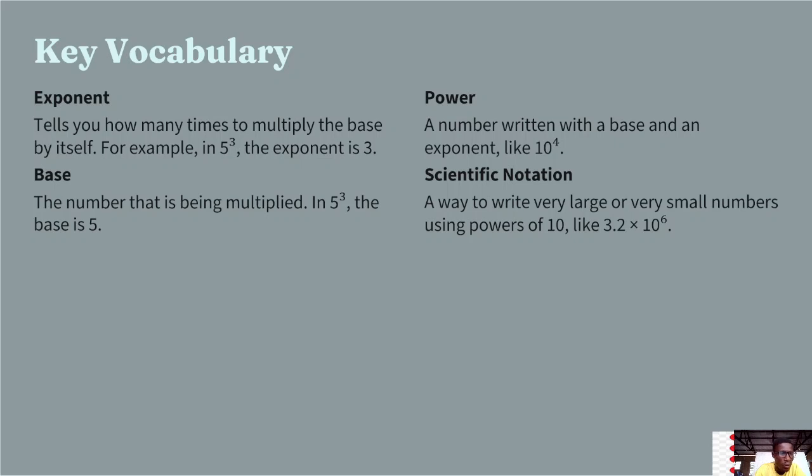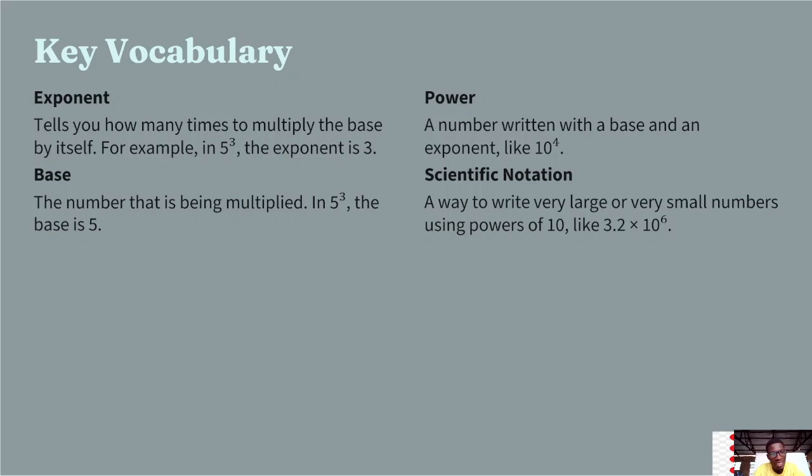For example, when you look at 10 exponent 4, this is called the power. Here the base is 10 and the 4 is the exponent. Think of a power as a shortcut for repeated multiplication. Instead of writing 10 times 10 times 10 times 10, we can simply write 10 exponent 4.